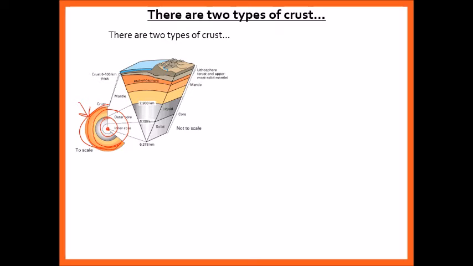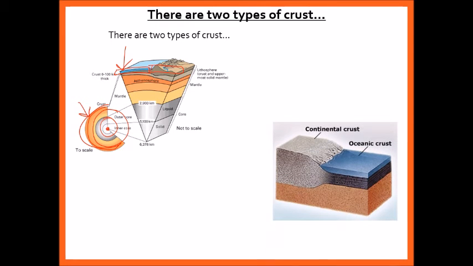And our crust can be split into 2 different types of crust. We have here the continental crust, which is made up of all the land, and then we also have our oceanic crust, which is underneath the oceans. We can see our continental crust is much thicker, and the oceanic crust is very thin.